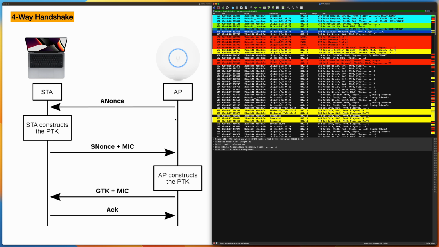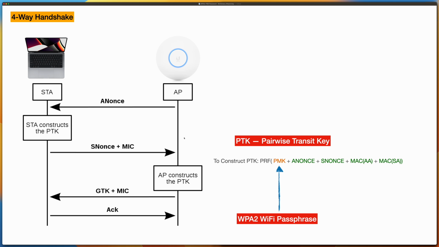In the interest of time, we won't discuss the details about what the ANonce, SNonce, and MIC are, but the important thing you need to know is how to construct the so-called PTK at both ends. It's a fairly straightforward process. It only incorporates these 5 important pieces of information. For WPA2, the PMK, you can think of it as an equivalent representation of your Wi-Fi password. So both client and AP should know the correct Wi-Fi password.